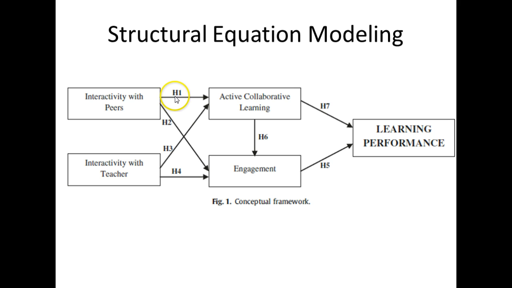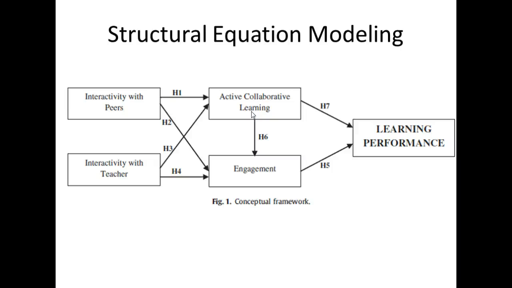The labels H1, H2, and so on through H7 are the various hypotheses that the authors are actually testing in their model. They're going to determine if indeed interactivity with peers leads to active collaborative learning.